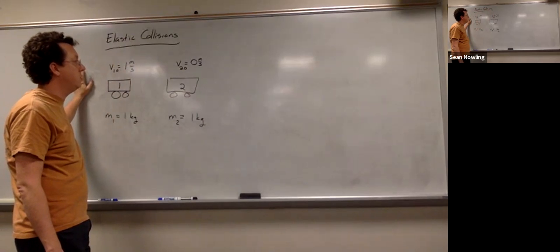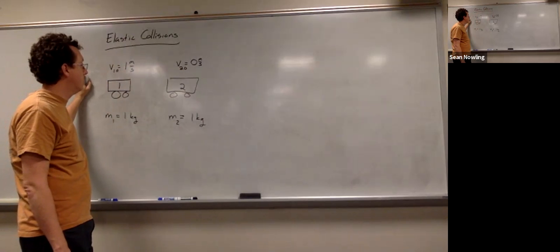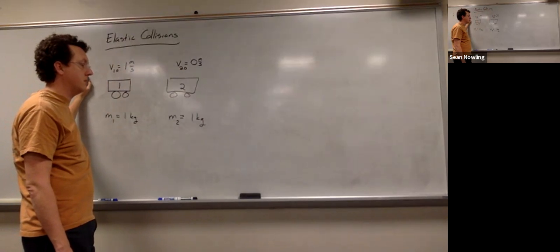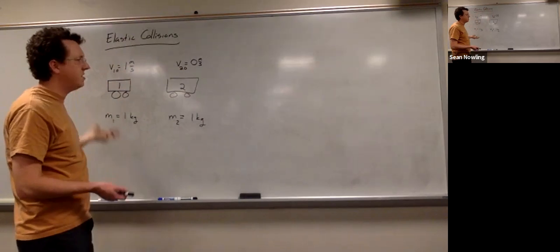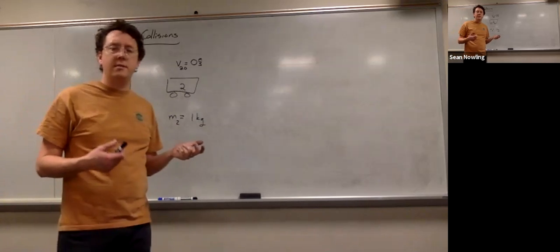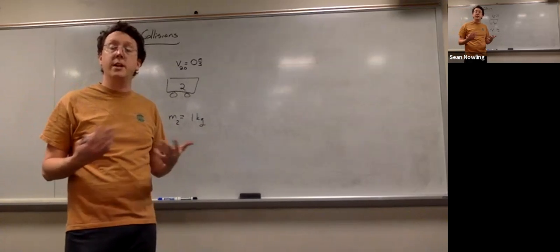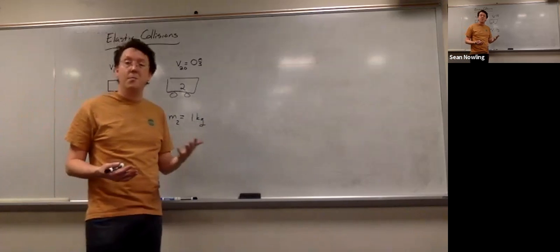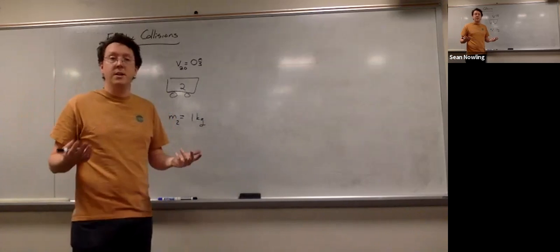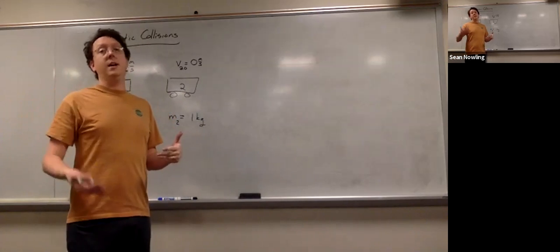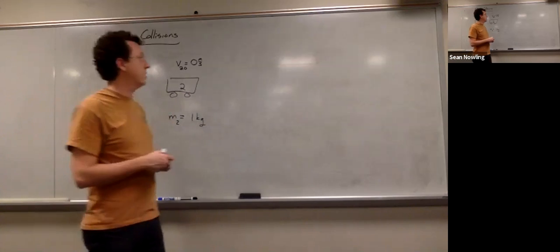We're going to use momentum and energy conservation to solve for their final velocities. Since momentum is a linear relationship, whereas kinetic energy is quadratic, I'm going to start with the linear stuff and go as far as I can with that, and then eventually switch over to kinetic energy.